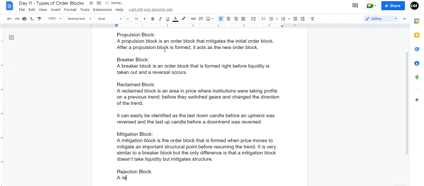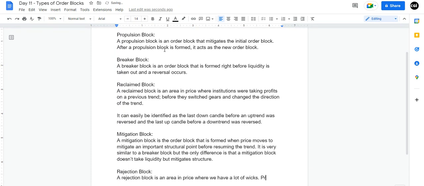A rejection block is an area in price where we have a lot of wicks.